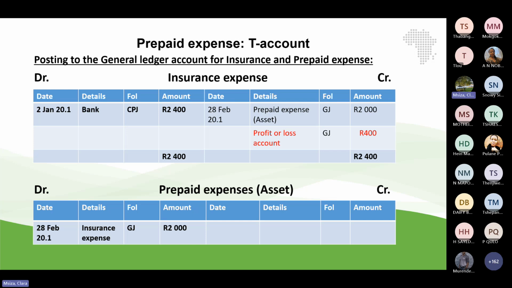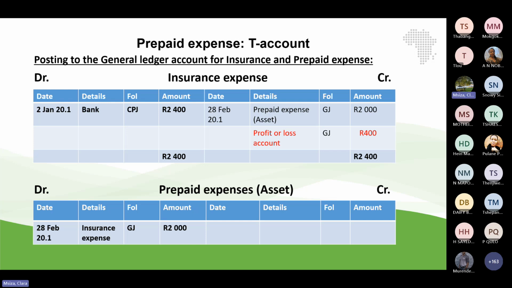So what are we going to debit and credit? Your prepaid expense. What amount, if you can recall, did you put as a prepaid expense? Remember, the total was 2.4, but the other 400 relates to the current year, and the 2,000 is our prepaid expense.